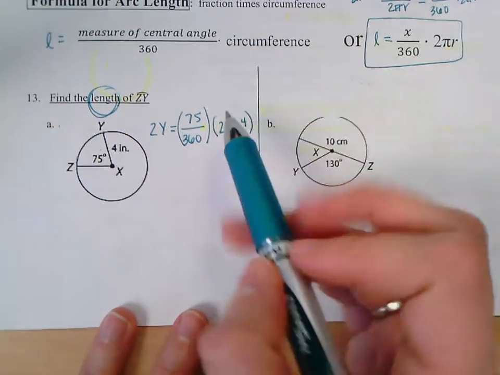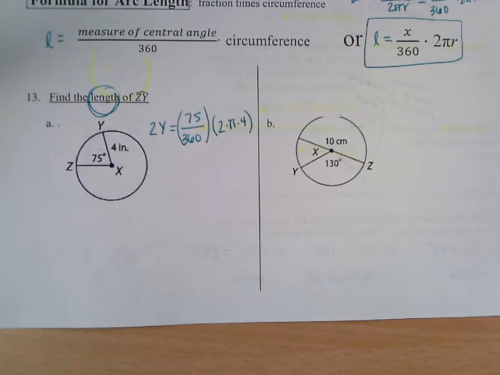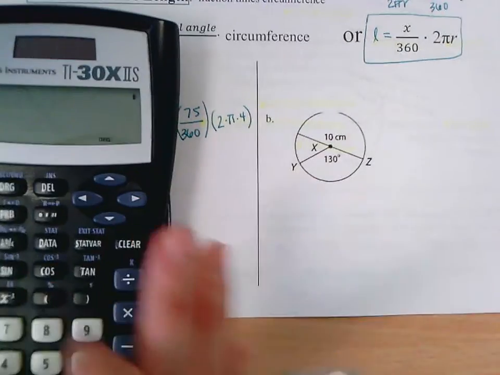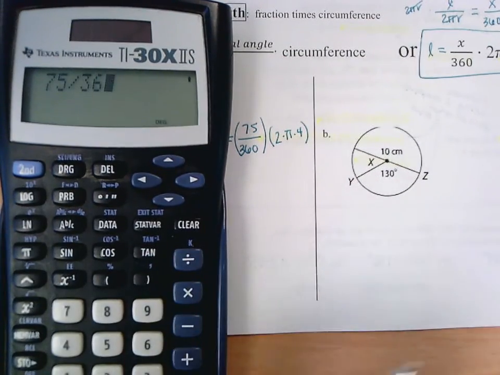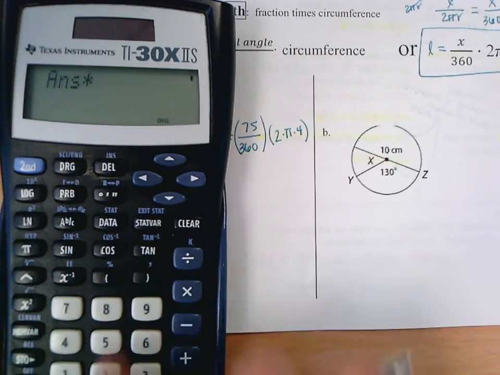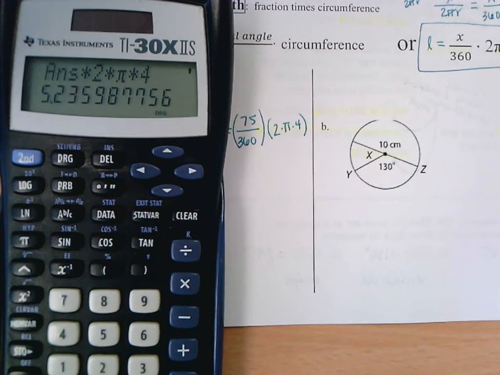Now this gets multiplied using your calculator, and you can round your answers for these. I think most of the problems on the assignment say to 2 decimal places, so we'll round to 2. This is another thing, making sure you can get the right answer on your calculator. I would just type in 75 divided by 360, hit enter, and then do times 2 times pi times 4, hit enter, and I should get 5.24 if I round to the nearest hundredth.